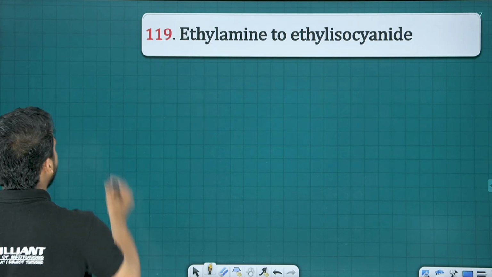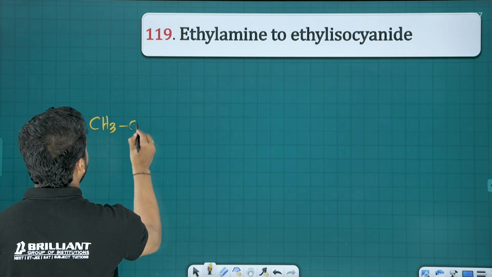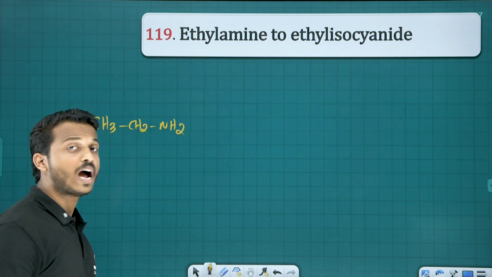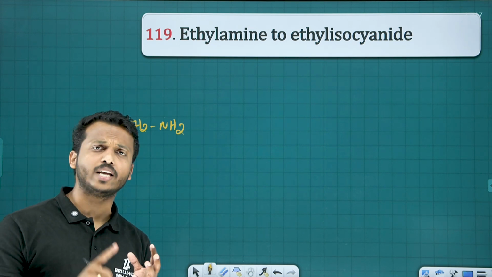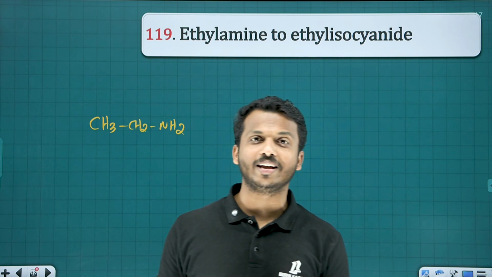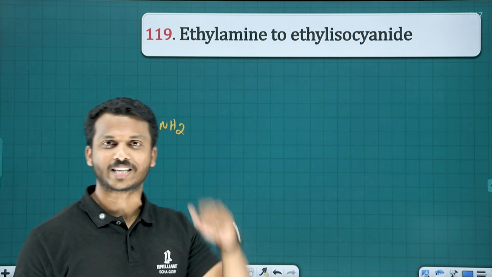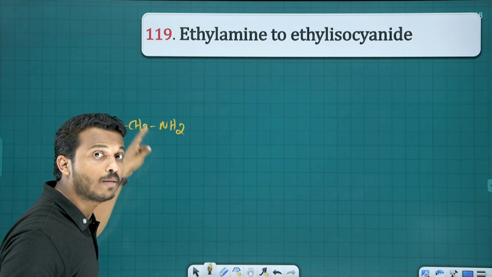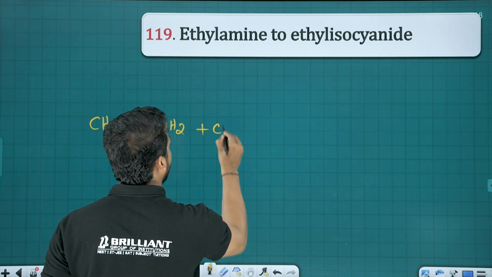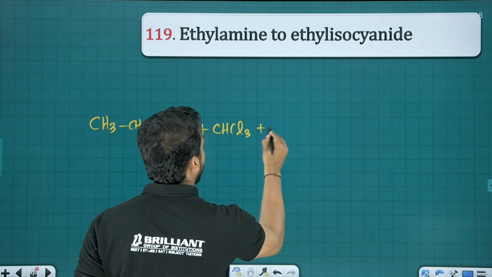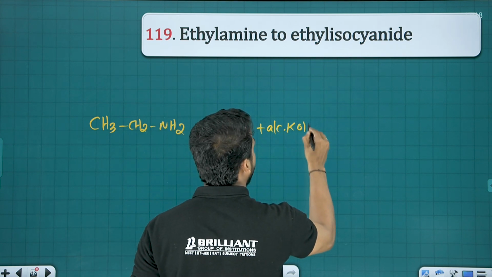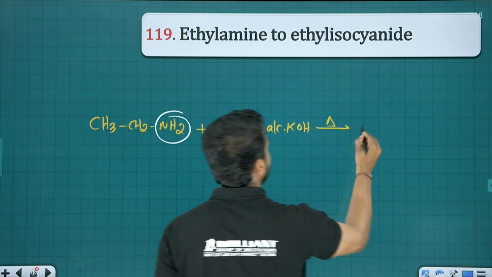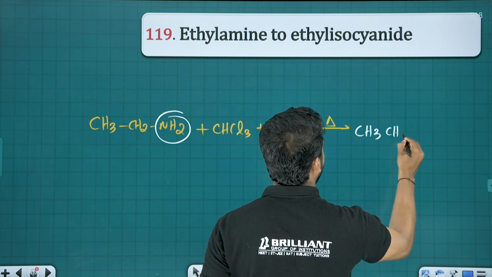Next one, how will you convert ethylamine to ethyl isocyanide? Where did we study isocyanide? The carbylamine test or isocyanide test, the foul smell, remember? Aliphatic and aromatic primary amines, when reacted with chloroform along with alcoholic KOH and heat, the NH2 becomes NC.